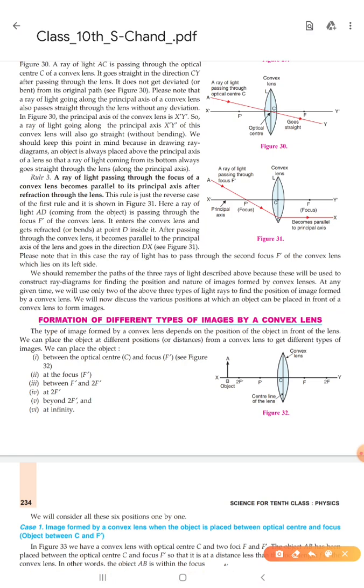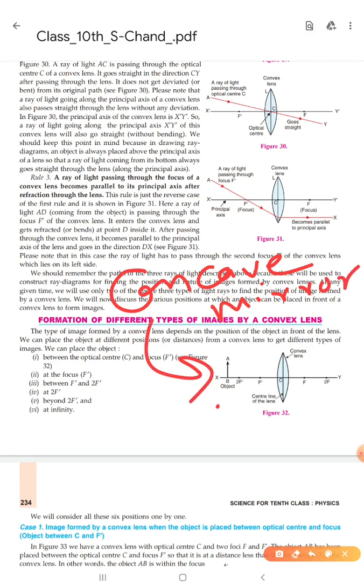Like the concave mirror, it is just opposite. In the concave mirror there were 6 cases. Same thing here in the convex lens, there are 6 cases. And in the convex mirror there were only 2 cases. Here also, in the concave lens, there are only 2 cases.